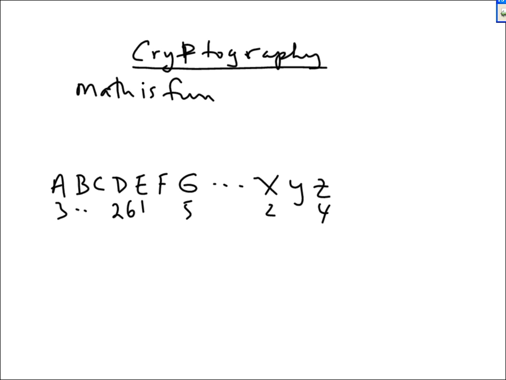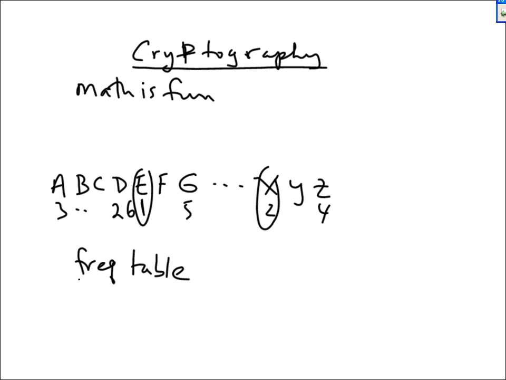Okay? And if you want to send the letter E, you would write 1. And if you wanted to send the letter X, you would write 2. And if you send like a 3-page message, this can easily be decoded because there's something called a frequency table.